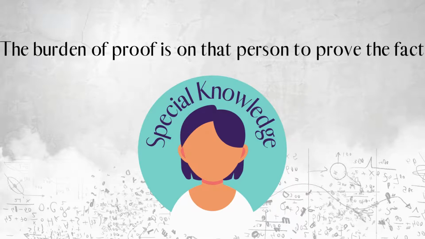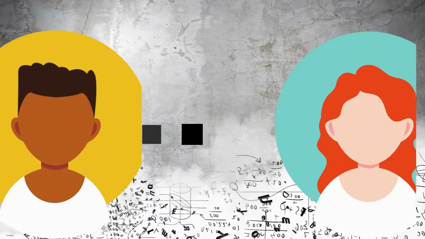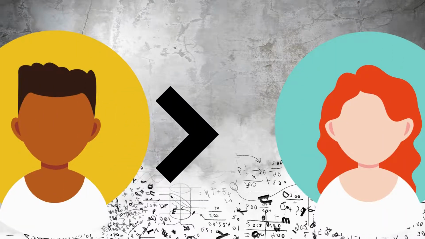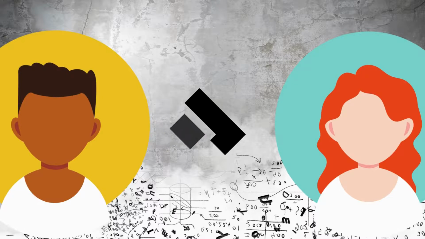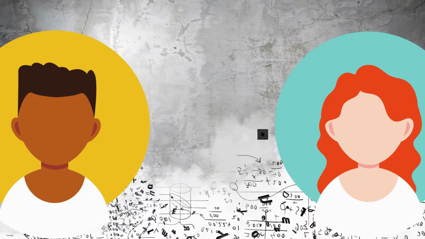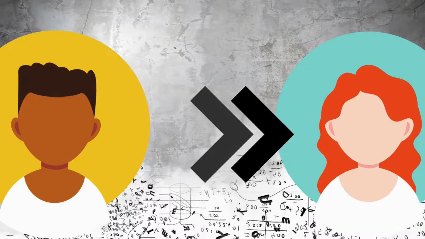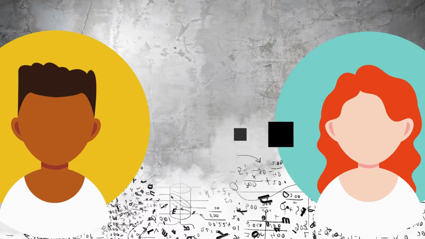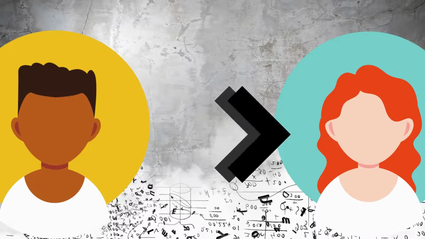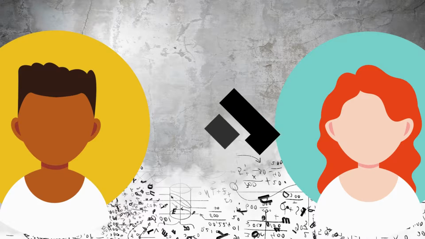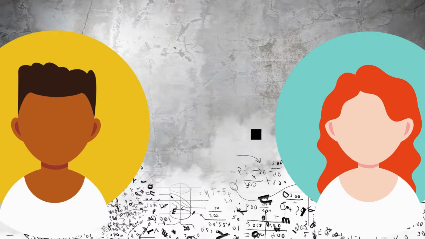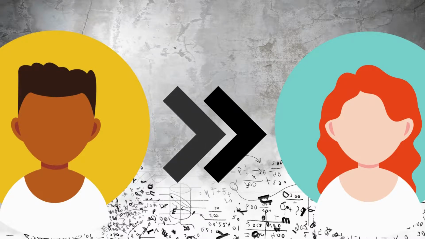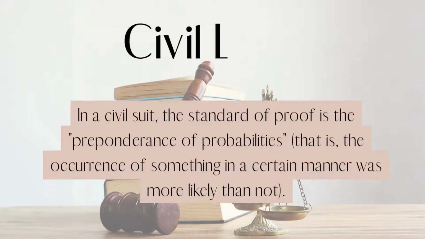This rule applies in all situations unless an exception is created by law. However, if the statutory or legal threshold is met by one party, the burden of proof shifts to the other side. For example, in proving the existence of a document, if a party adduces a photocopy, if the original is unavailable and the other party claims the document is forged, the other party has the burden to prove its forgery.